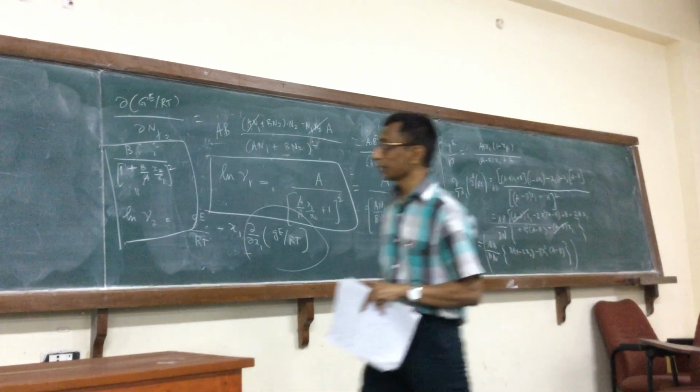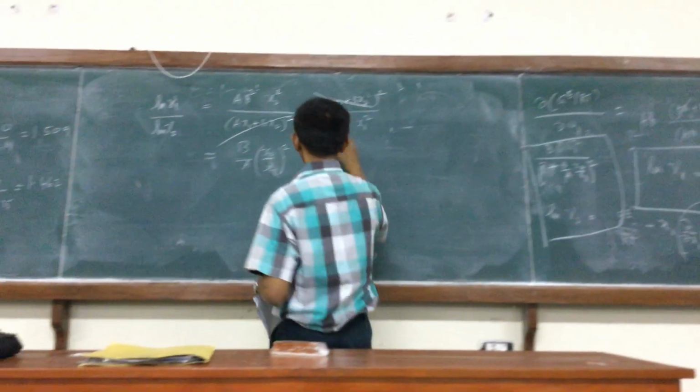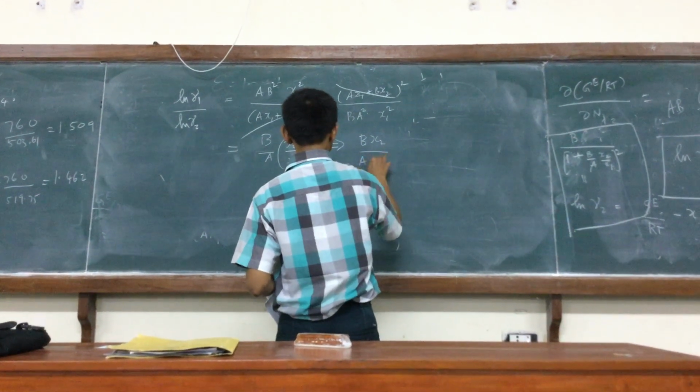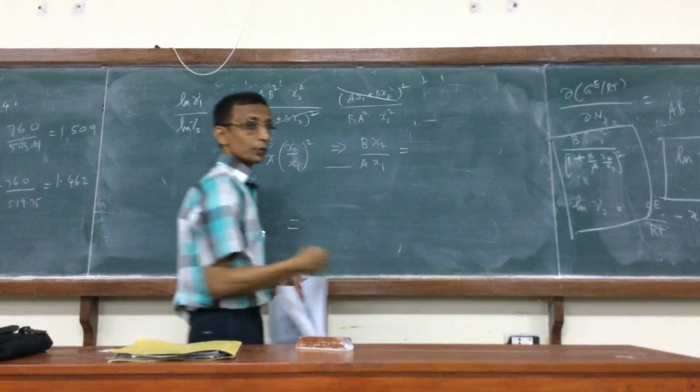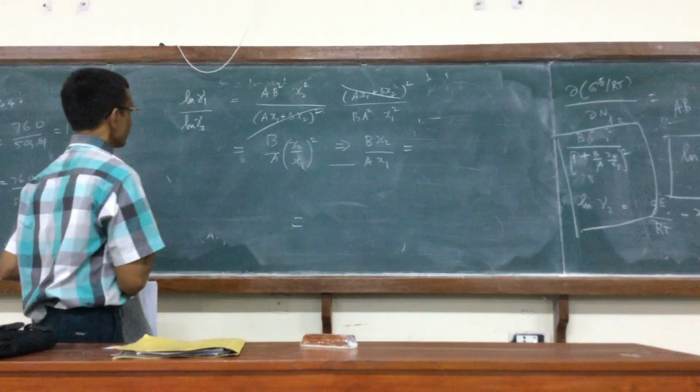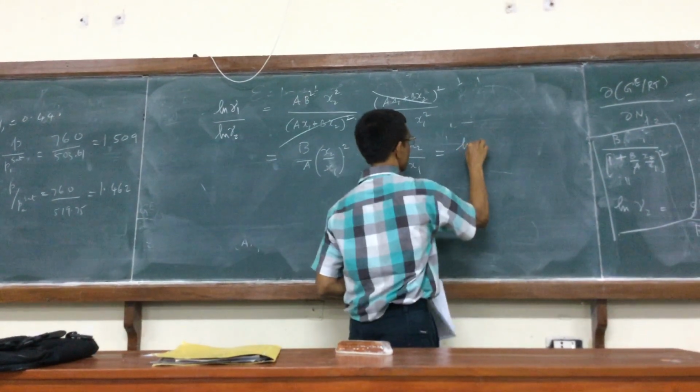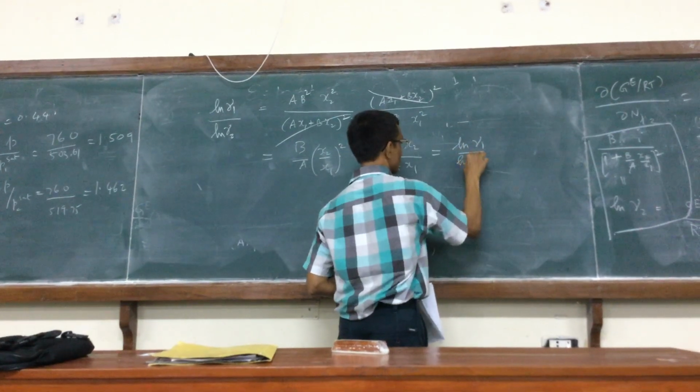So now what I have is that group of terms, Bx2 by Ax1, is going to be given by log gamma 1 by log gamma 2.